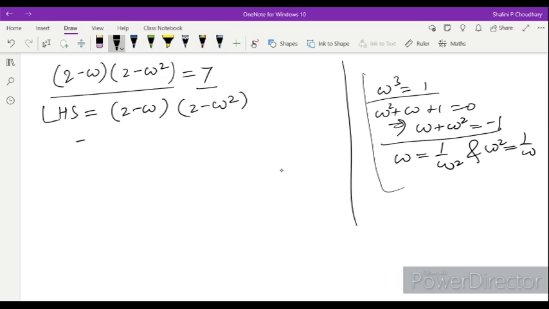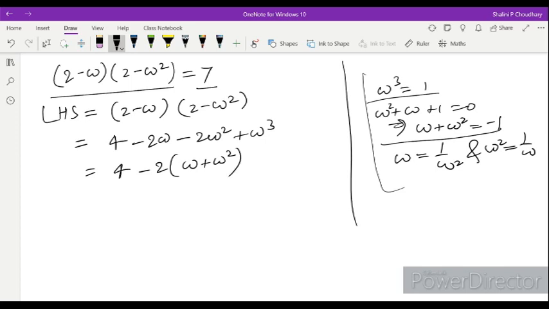So (2 minus omega) into (2 minus omega square), now we'll multiply. 2 into 2 will be 4, 2 into minus omega will be minus 2 omega. Minus omega square into 2 will be minus 2 omega square, and minus omega square into minus omega will be plus omega cube. So 4, and minus 2 we'll take common, omega plus omega square, and that is equal to minus 1.